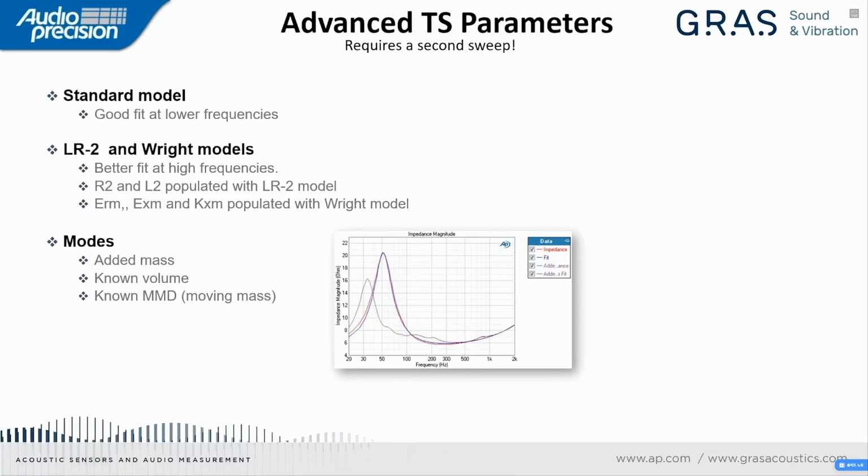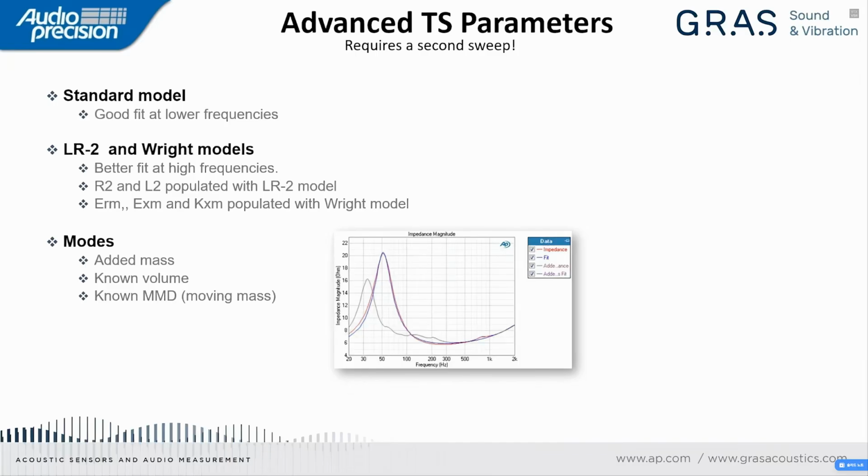So the driver can be mounted on a sealed enclosure, and if the driver is facing into the enclosure, you need to calculate the total volume by adding the volume of the enclosure to the volume of the truncated conic section formed by the driver cone. If the driver is mounted inside a sealed enclosure facing out, you then obviously have to subtract the volume of the driver cone, frame and magnet assembly from the volume of the enclosure.